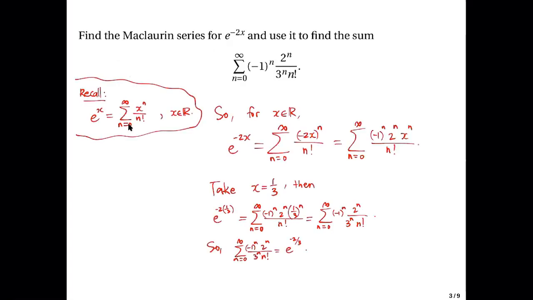So what we're going to do is to start writing the Maclaurin series for e to the minus x squared, again using this representation here. This time, we will replace the x here with negative x squared. So note that e to the minus x squared is equal to the series n equals 0 to plus infinity of, what is this?